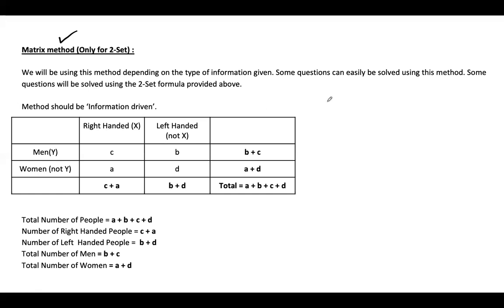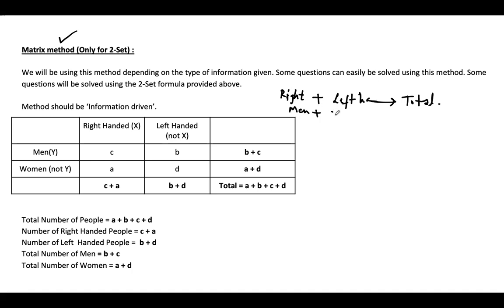Let's say in a town there are some left-handed members and right-handed members. So in a town there are only left-handed and right-handed members. So this is equal to total. And in that town there are only men and women.